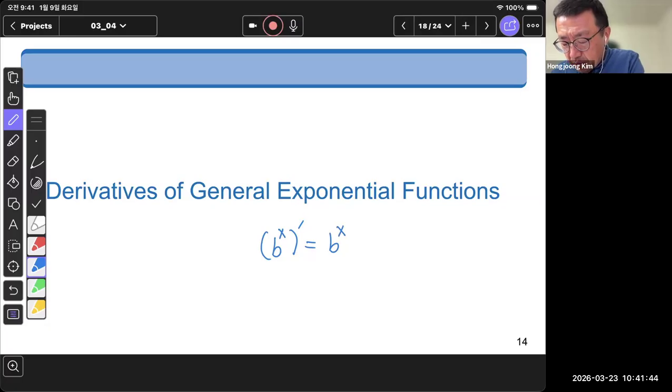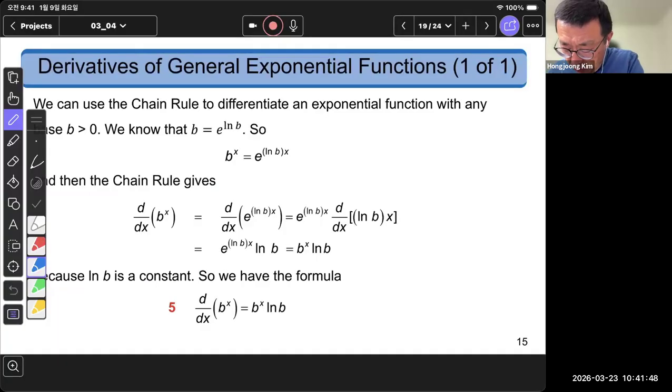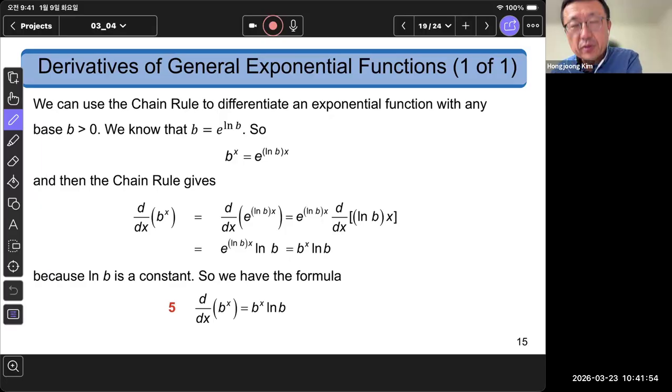I didn't consider that one yet, so let us consider this slide. I want to consider the differentiation of b to the x, but we do not know this one yet.